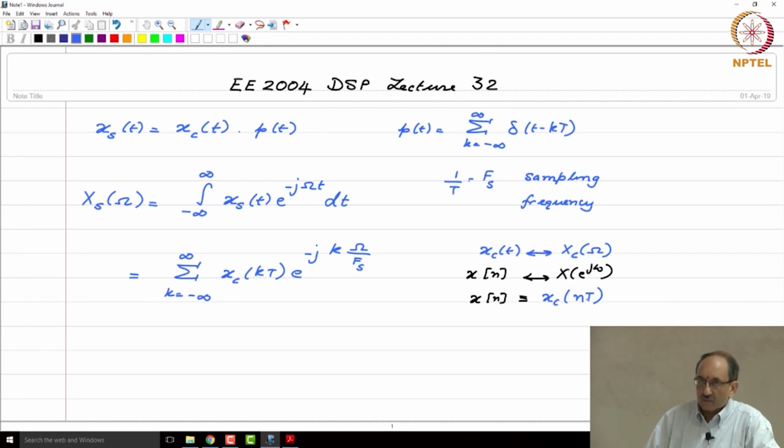These are the values of the signal at the sampling instance, and our ultimate goal is to relate xc of omega and x of e to the j omega.